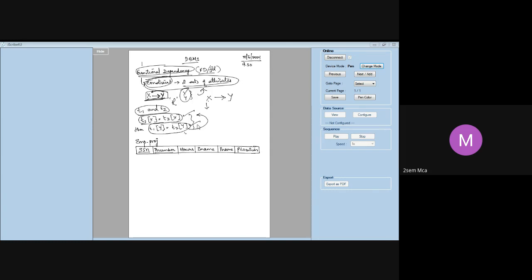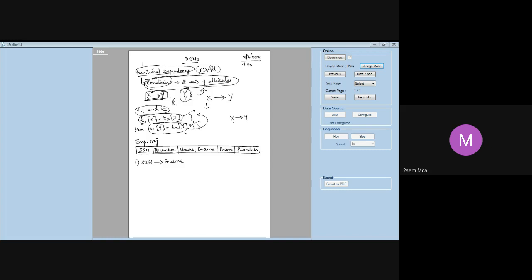Now, I will give you some functional dependencies. What are the functional dependencies that should hold in this particular table? The first one: SSN implies E name. When I say X implies Y, X and Y are two sets of attributes.